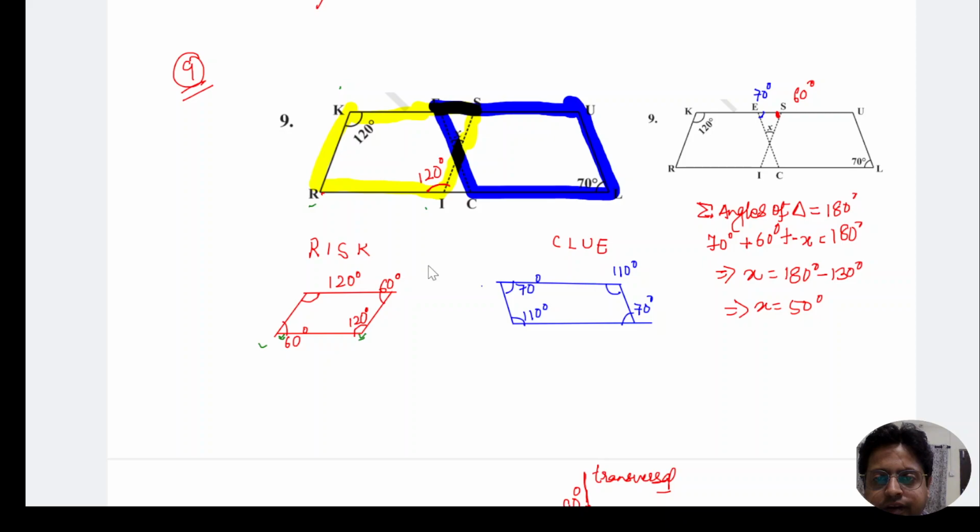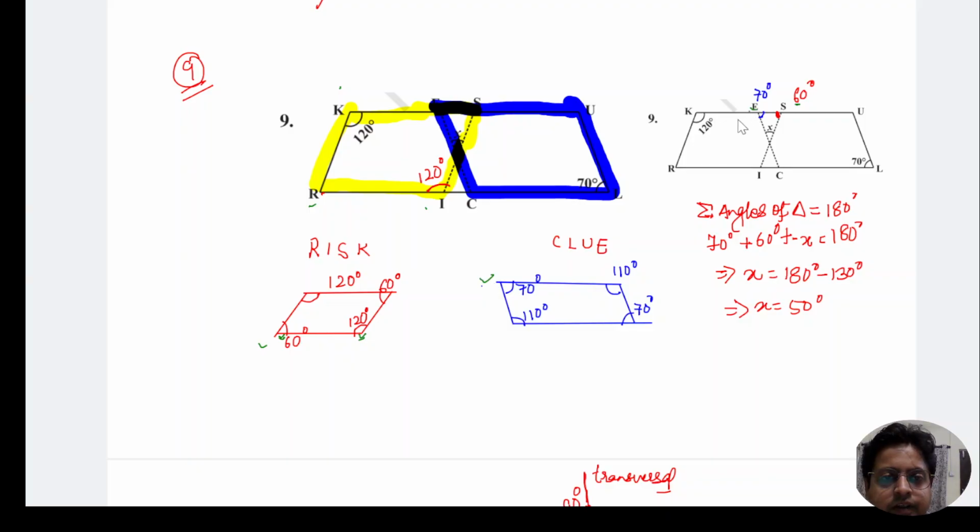So we found that angle S is 60 degrees. Now similarly in parallelogram CLUE, this angle is given as 70 degrees, so the opposite angle is also 70 degrees. So we found that angle E is 70 degrees.